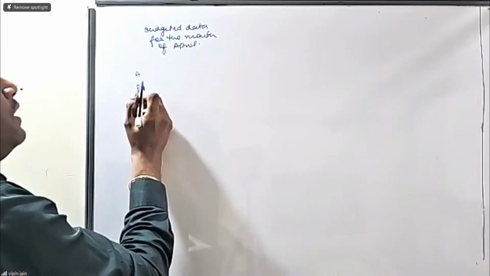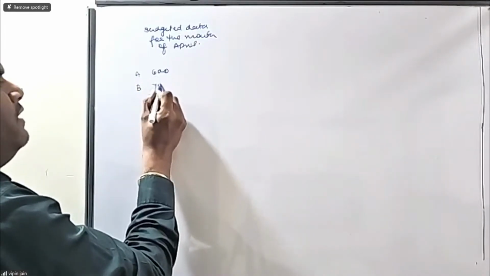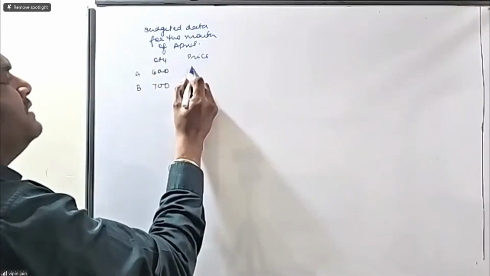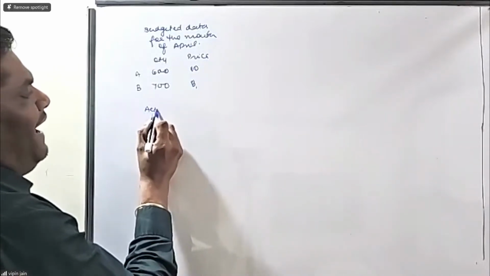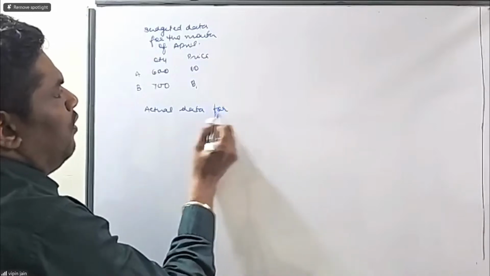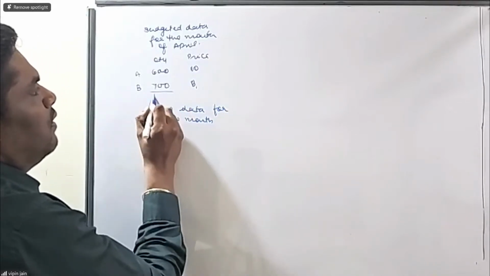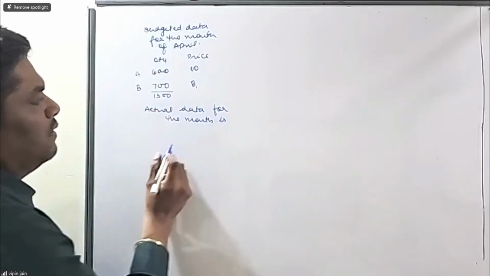wherein we are using two kinds of raw material and the ratio is 600 and 700. The price is 10 and 8. And the actual data for the month is given.